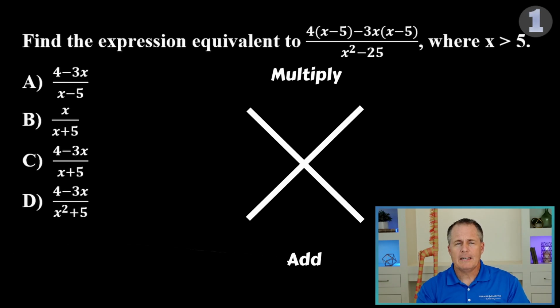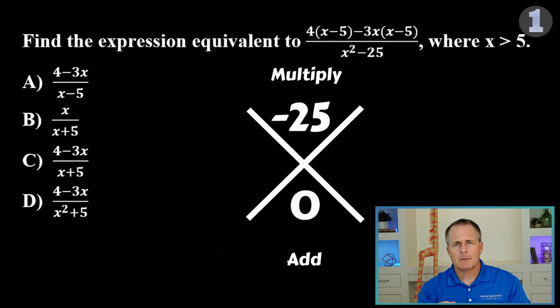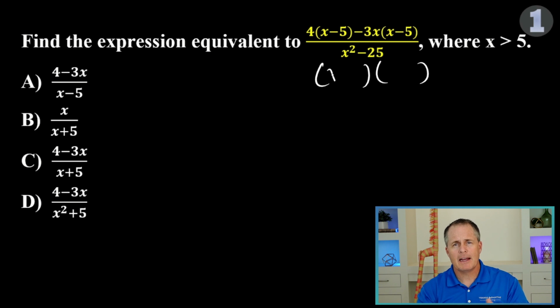So, we need to find two numbers that multiply to negative 25 but add to 0. When there's nothing in the middle, that's why you're going to have to add to 0. The numbers that multiply to negative 25 and add to 0 are positive 5 and negative 5. So it's x plus 5 and x minus 5.